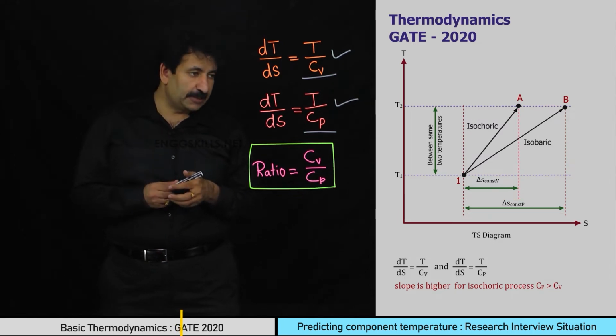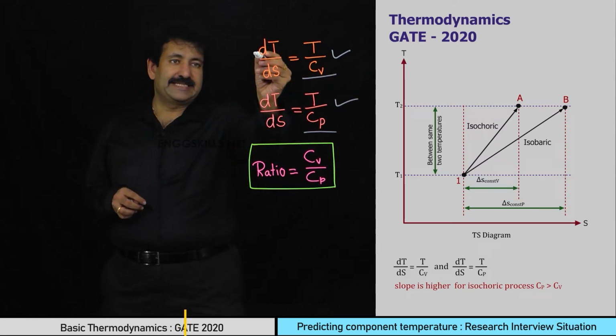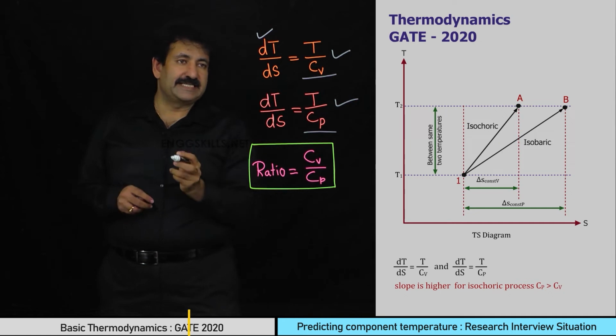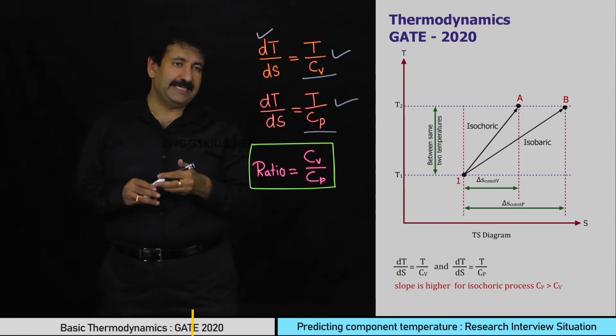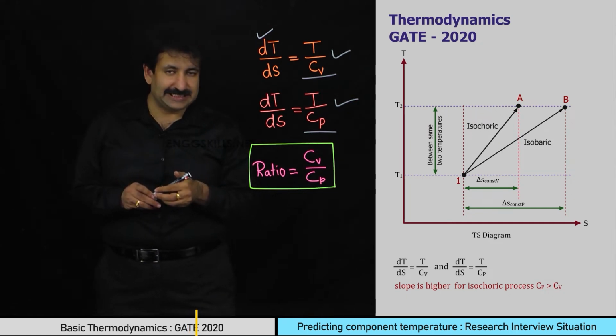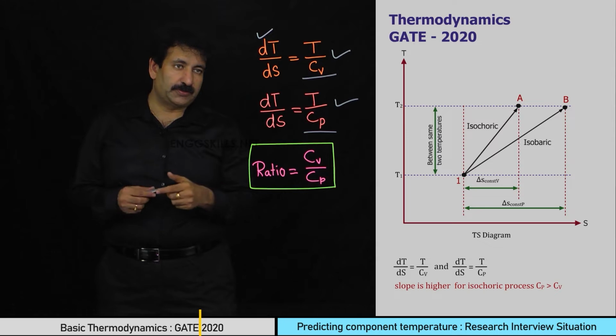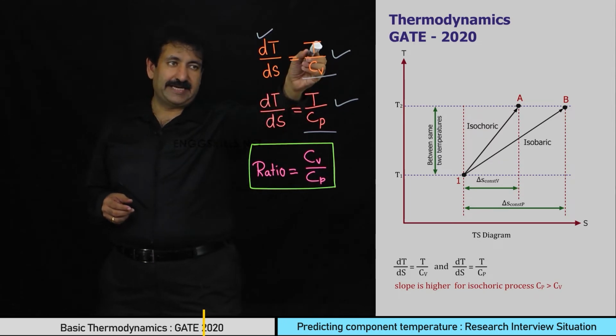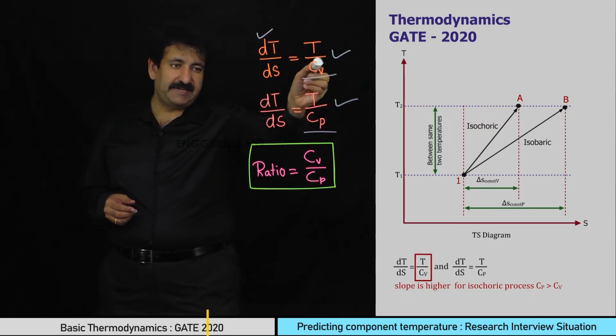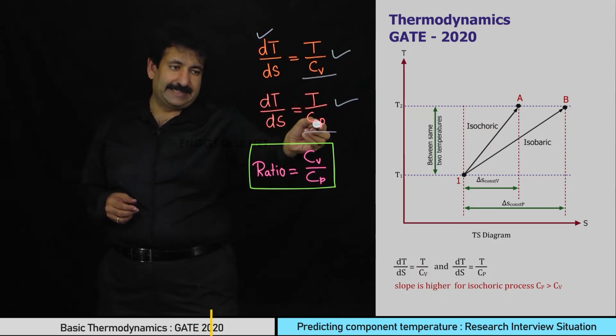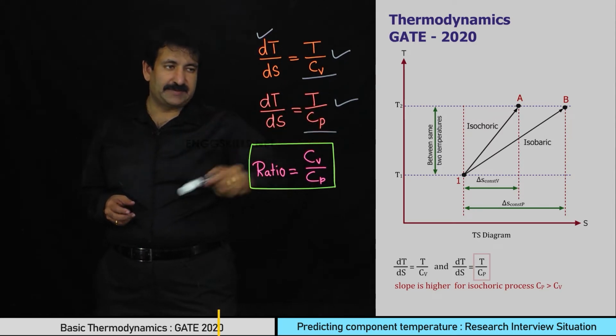And if you measure the slope, and of course this is information which is a standard result, I would say, in many of the thermodynamic discussions, of course in our course also. The slope is given by temperature divided by Cv, and similarly for constant pressure process, the slope is given by temperature by Cp.